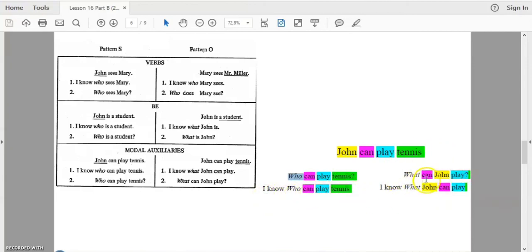In pattern O, we replace tennis with the WH question. So the form is, what can John play? Can precedes the subject. After that, the verb. And the other statement is "I know what John can play."